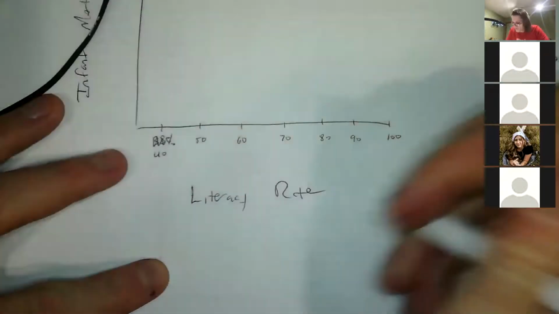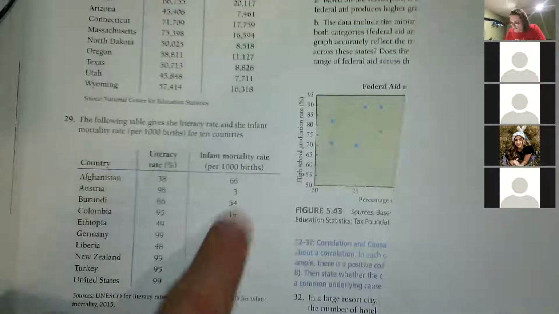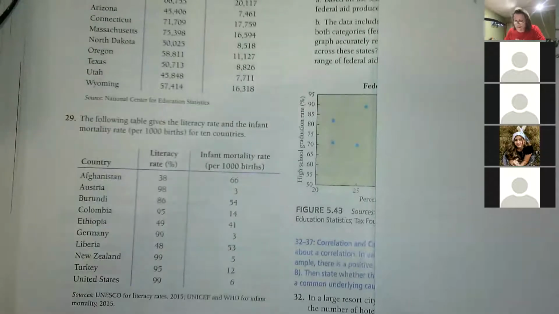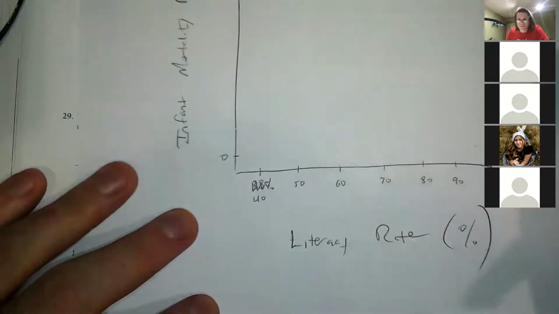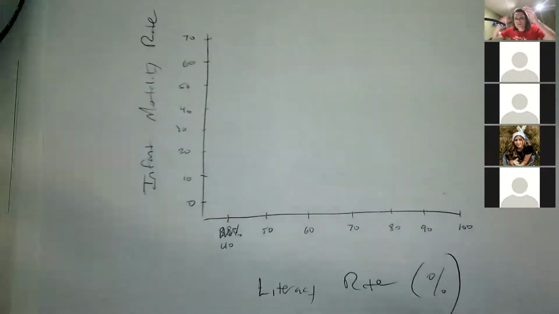All right, so that's as a percent. And then the infant mortality rate, as I said, we move from 3 to 66. So we'll start down here. We'll say it's 0 and 60. We'll go by tens as well, to make our life simple. 10, 20, 30, 40, 50, and 60. Oh, a little more, 70. There we go.